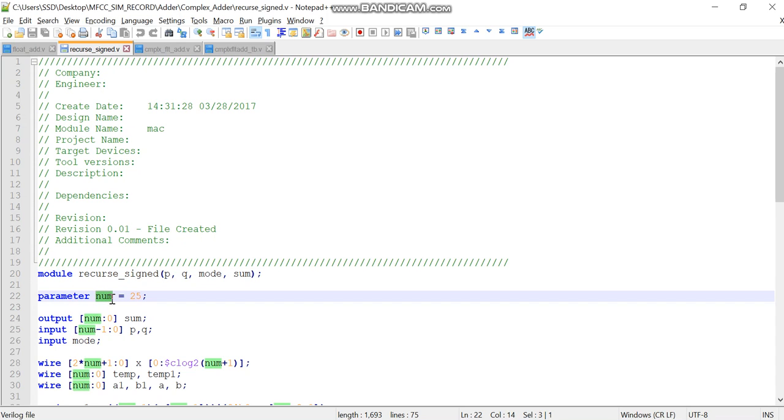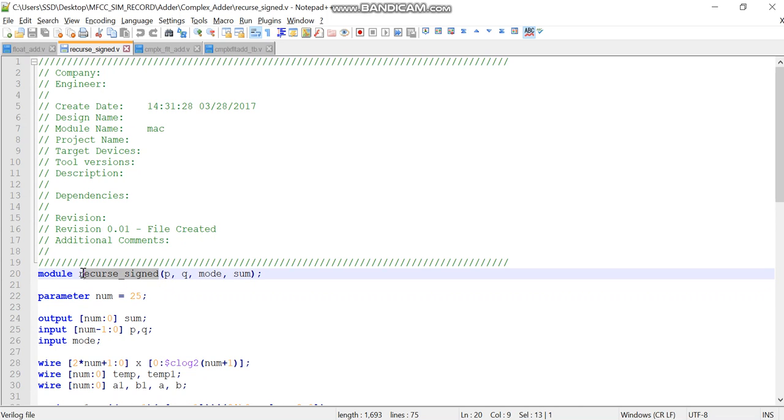And the num parameter defines how many bits of adder are required. So if you change the parameter num, this particular module recurse sign works as, let's say, a 25 bit adder over here. If I change it to 10, it works as a 10 bit adder.